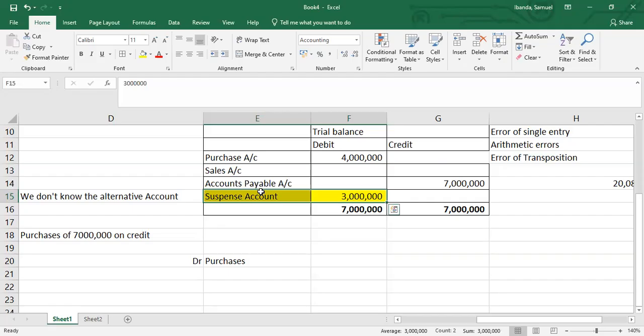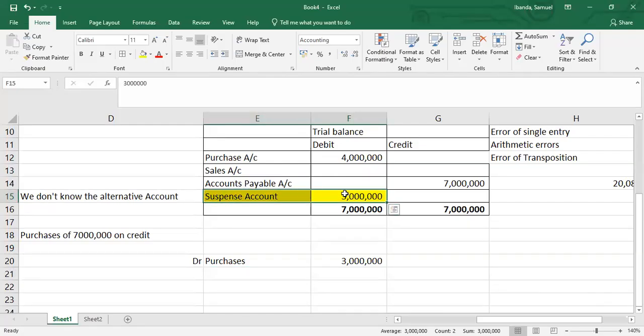But now you have realized that it is actually purchases that were undercast, because ideally you have different items here, so for you to realize where the suspense is coming in, you have to do that kind of analysis. Immediately you realize that it's purchases that were undercast, you correct the purchases by increasing them. So you've debited your purchases with 3 million. The next thing you should do is do away with the suspense account.